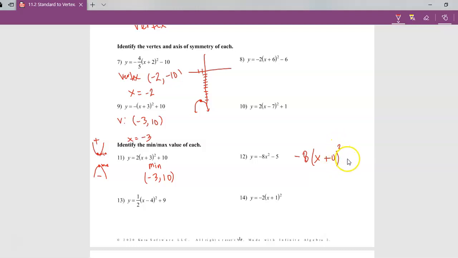Doesn't really matter because it's 0 squared minus 5. Okay, so this is telling me that my vertex is at 0, negative 5. Incidentally, I could also write it as negative 8x squared plus 0x minus 5. So it's really one of those odd or rare cases where it could be considered in either form. But the point would be at 0, negative 5, and then that negative out front is going to flip it, right, so that it's concave downward. So this is a max point.